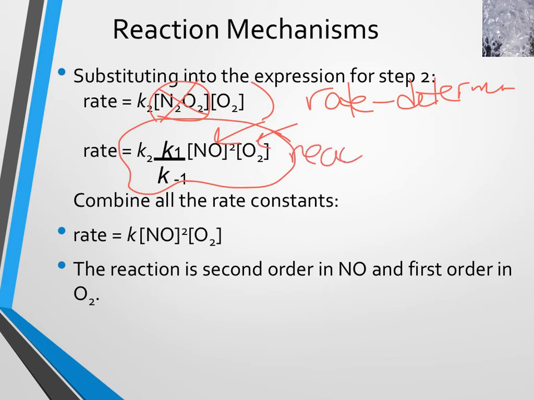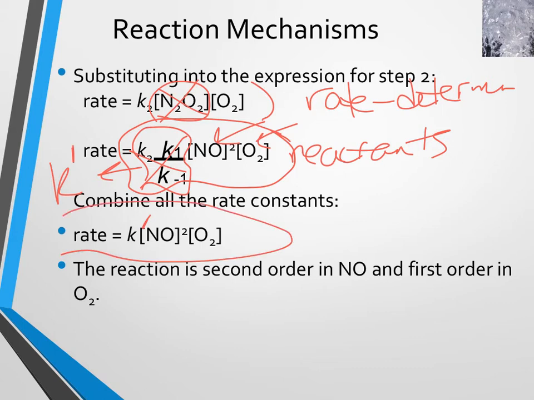That was our ultimate goal. So now instead of writing all these separate rate constants, you can just call them some new K. A lot of times when those are combined, the textbook will just say what they call K prime. Okay. So our rate law now for this reaction is as shown here.